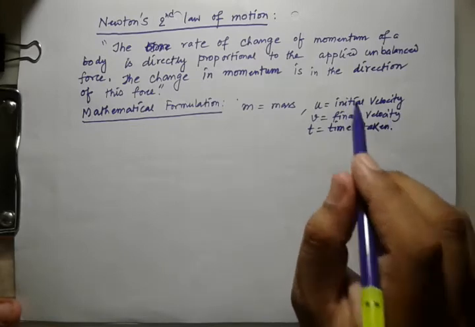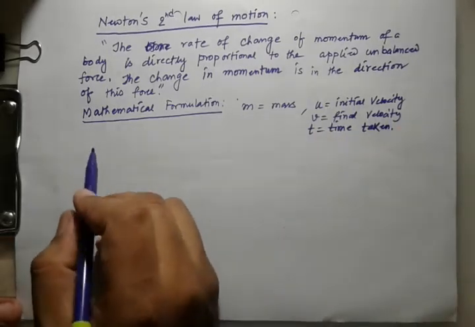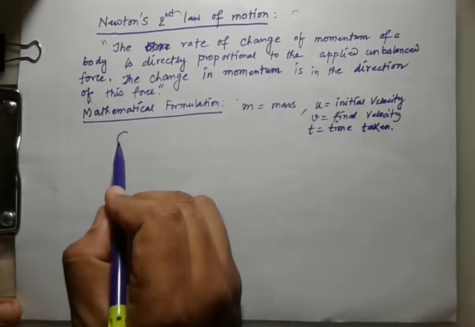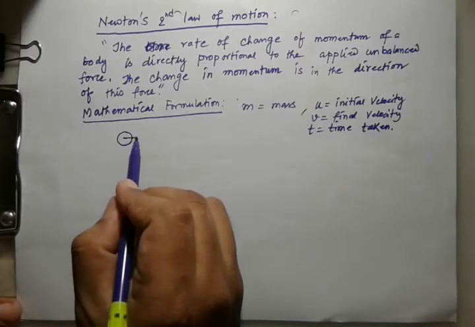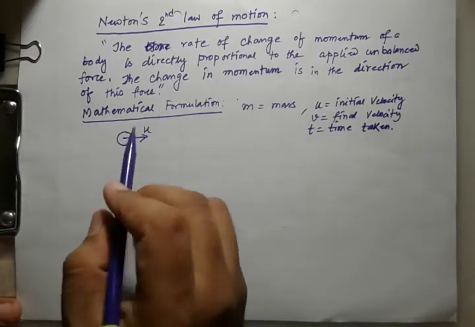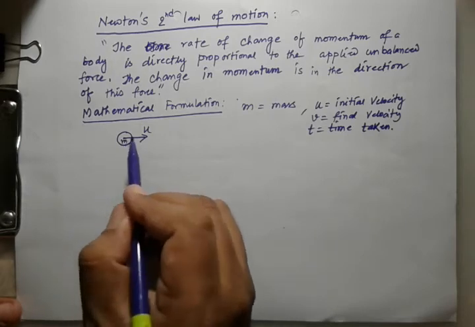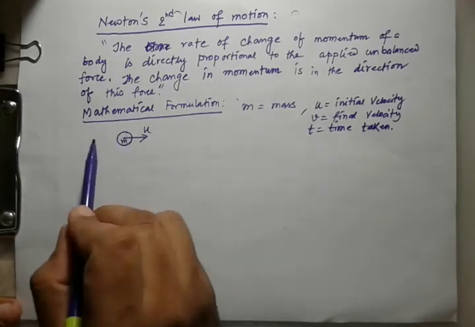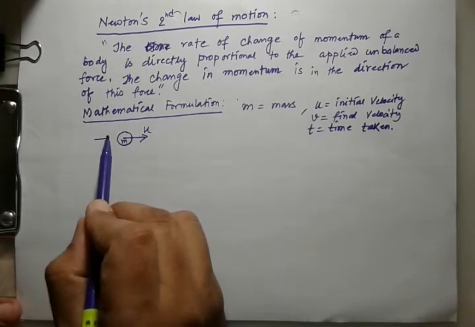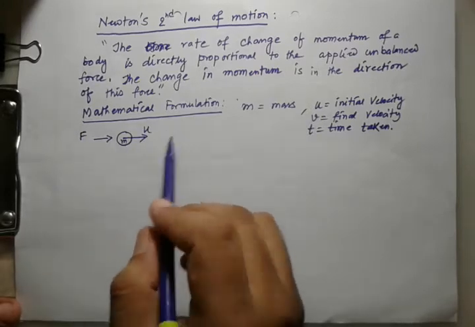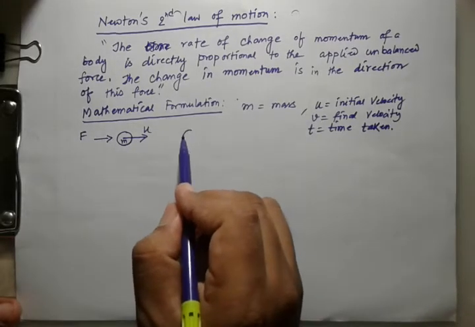Now what is the initial momentum? I want to draw one more time. This object was moving with velocity u and the mass of the object is m. Now if I apply a force in this direction, the velocity of the object will change after some time.